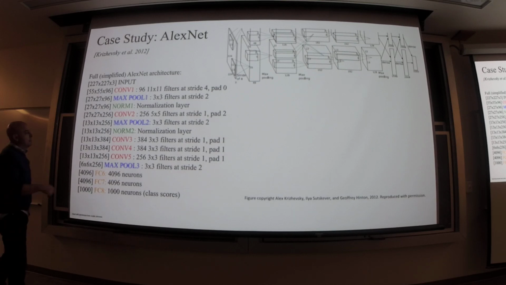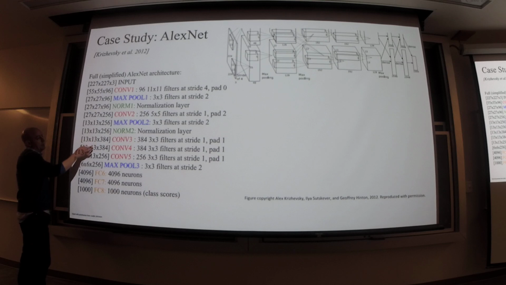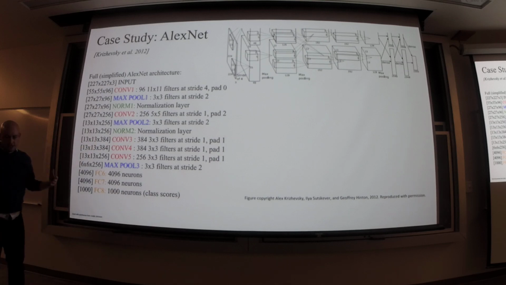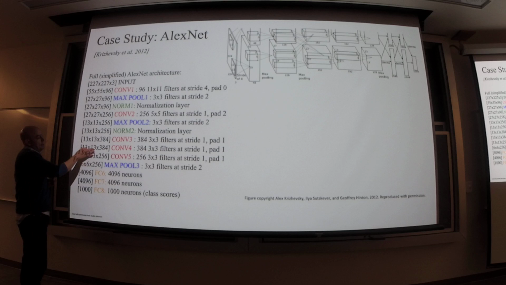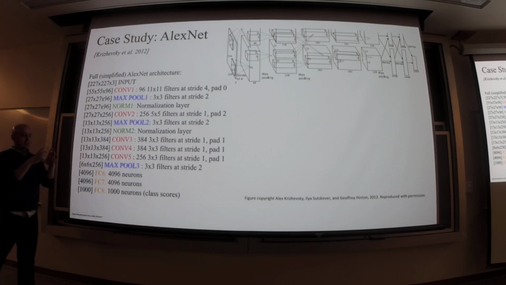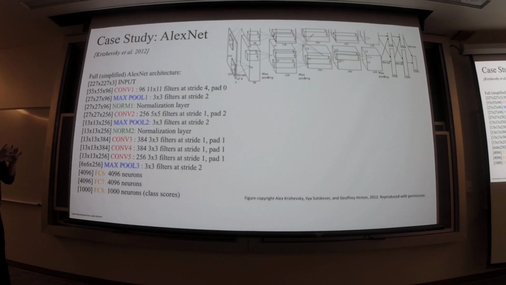The idea is that you're trying to take this whole image and boil it down into something small that says, hey, there's a cat here. And you don't need a very large spatially extended feature map to be able to say that.